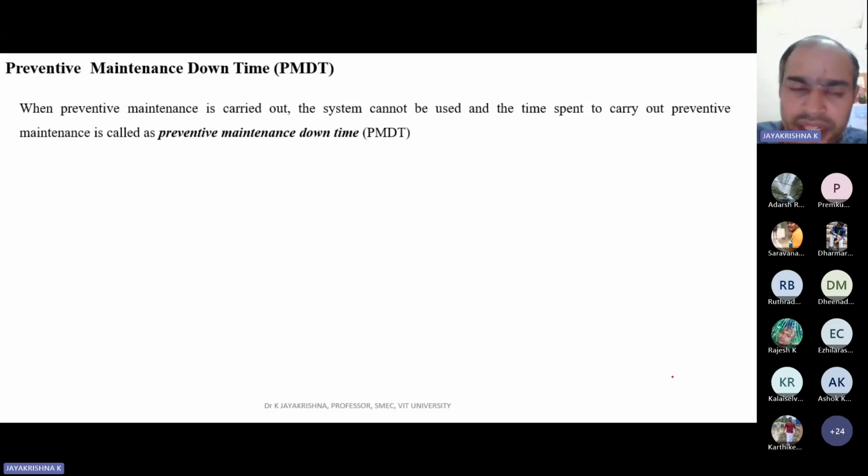The maintenance team will carry out the maintenance activity on Sunday and ensure that from Monday, first shift, the machines are available for manufacturing. When they do this maintenance activity, all three shifts are closed. So because of this preventive maintenance, there's a downtime of the machine. The machines are not going to function, so I call it preventive maintenance downtime.